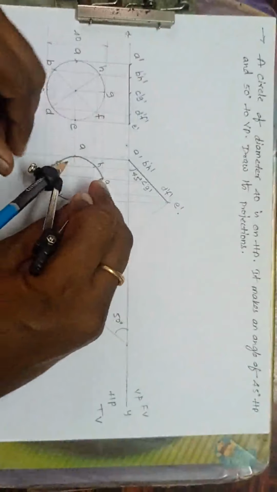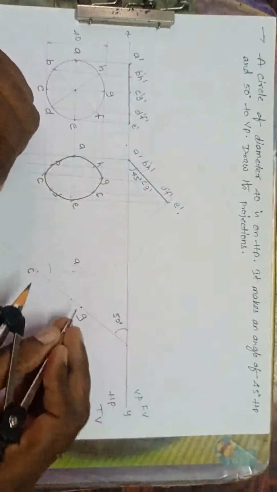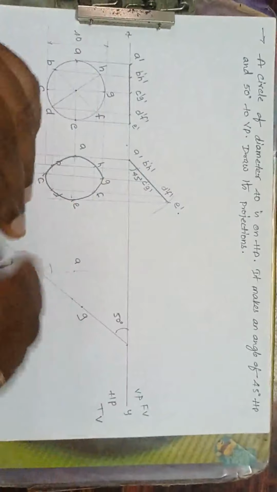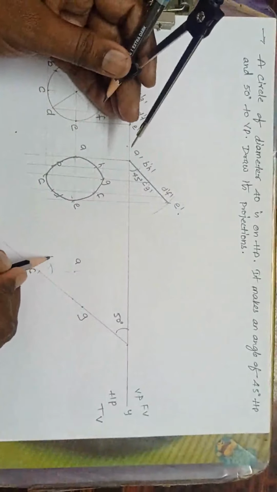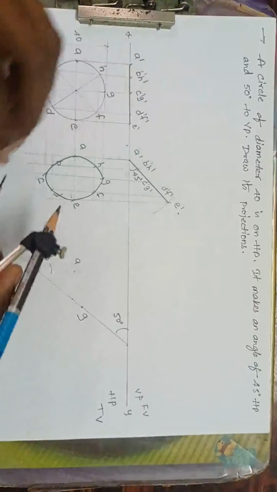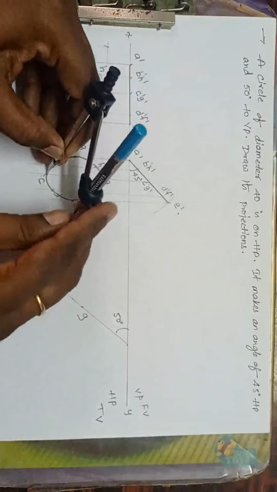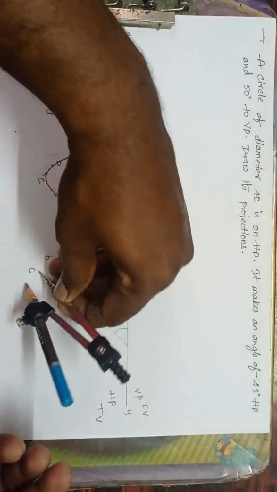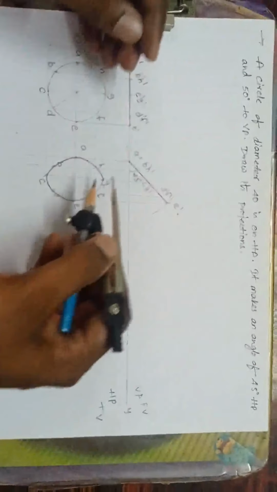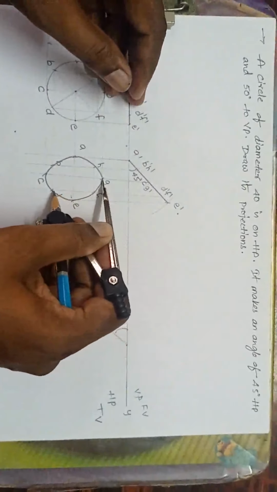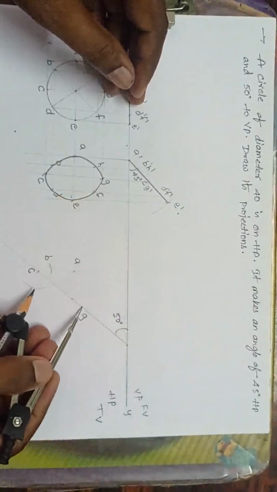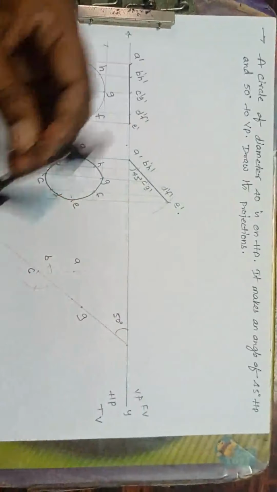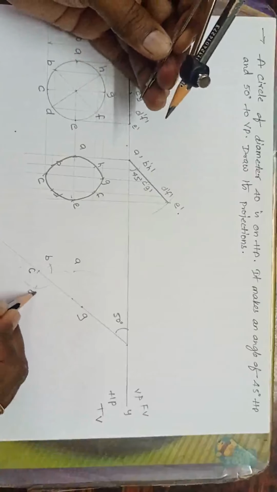Take radius GB, cut here. I will get B. Next, take radius CD, C as center, cut here. Next, take radius GD, G as center, cut here. I will get D.